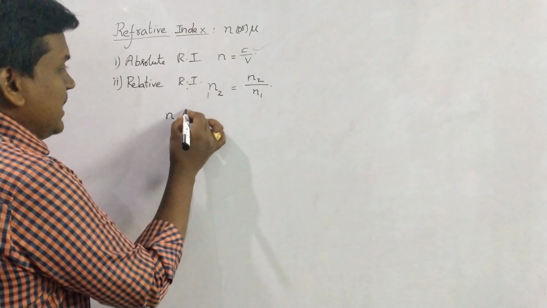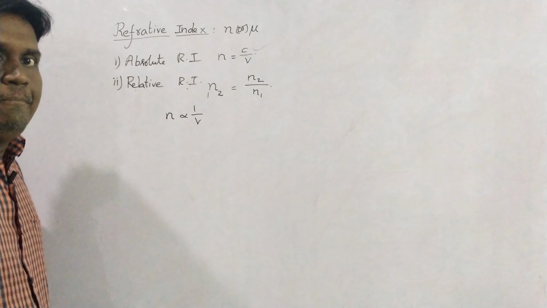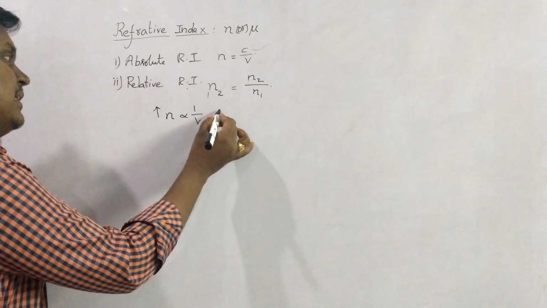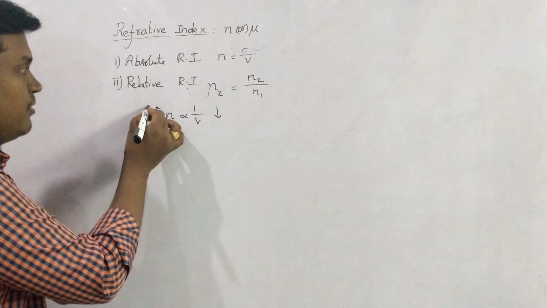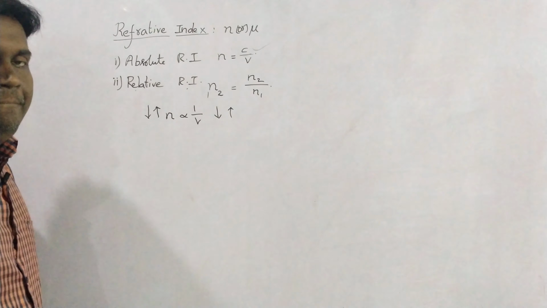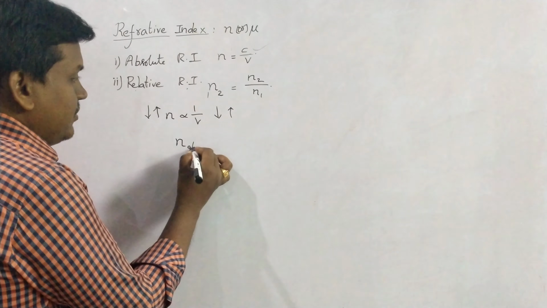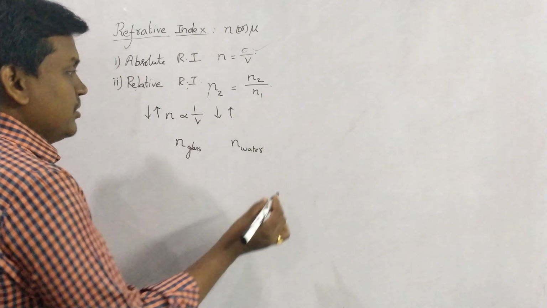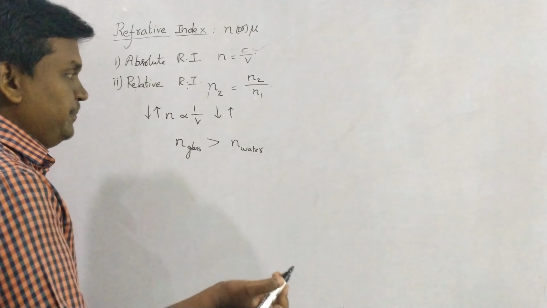And here, refractive index and speed are inversely proportional to each other. That means if the refractive index of a material is high, then the speed of light will be low in that material. If the refractive index of a material is low, then the speed of light will be greater in that material. Consider the refractive index of glass and the refractive index of water. The refractive index of glass is greater than that of water.